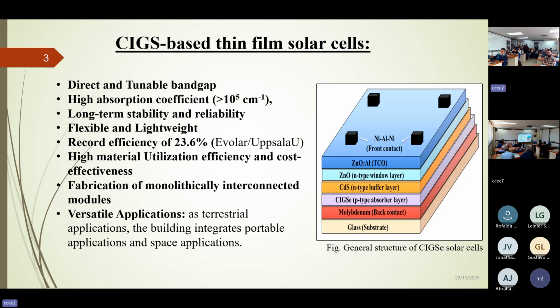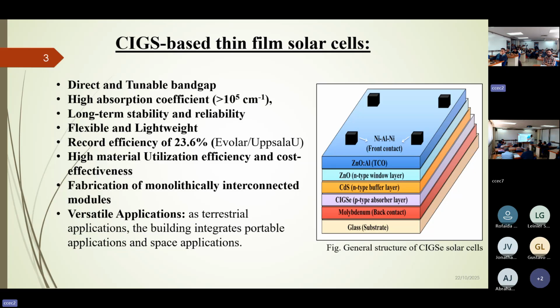This is the idea. Copper indium gallium selenide has some characteristics, such as a direct and tunable band gap. The direct band gap helps absorb the incident photons even with a 2 or 3 micrometer thickness of the absorber layer, and it also has a high absorption coefficient. A very low thickness can absorb almost all incident photons.